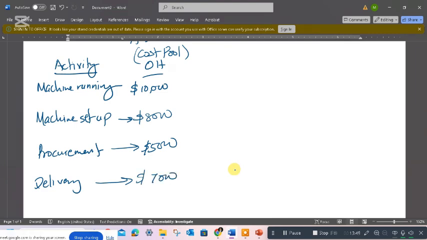Then for each of these activities, we find a different basis. How machine running is charged to the products may be based on machine hours. How machine setup is charged must be based on the number of machine setups, because some products need frequent machine maintenance, so the number of setups might be more.